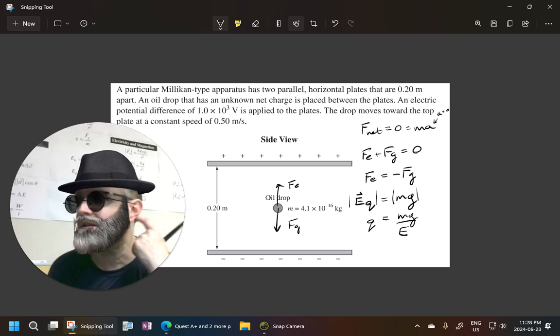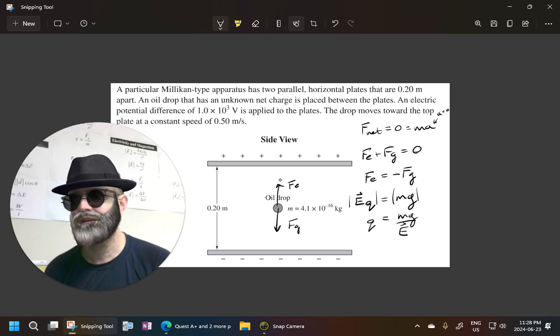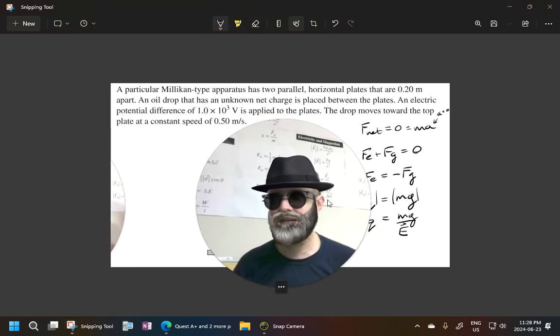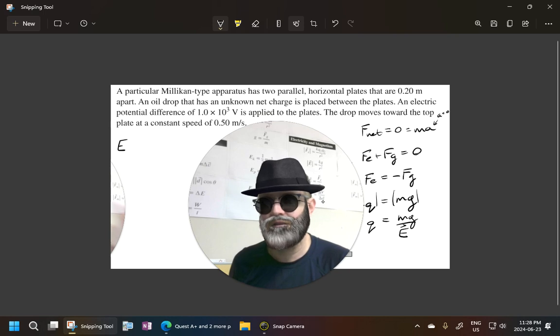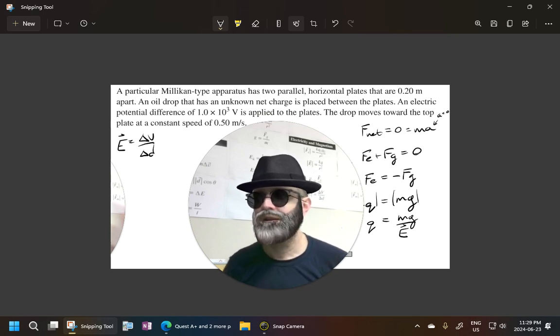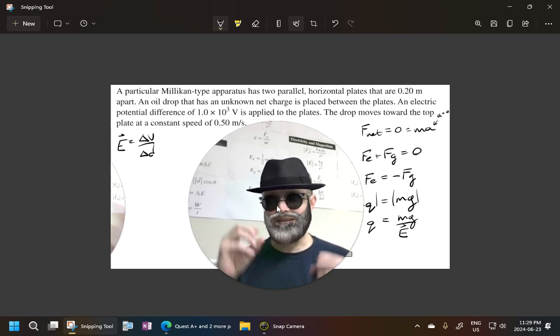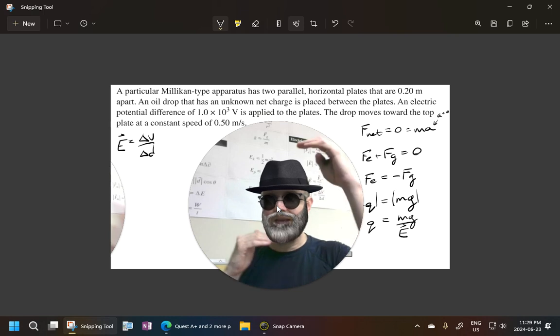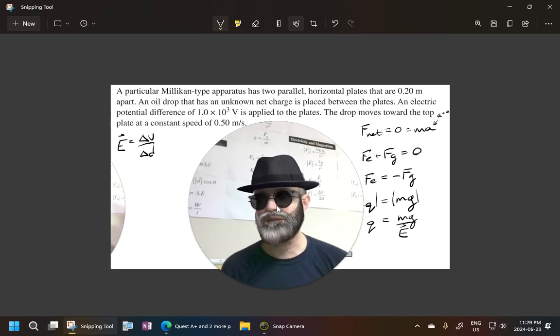What is E? The horizontal plates are this far apart. We have a voltage. So we have to determine what E is first, right? So maybe I'll go over to this other side and determine what E is. The electric field is going to be my voltage divided by my distance. For this formula to work nicely, the voltage and the distance have to correspond to each other. If the voltage is across the full distance, then the distance has to be the full distance.